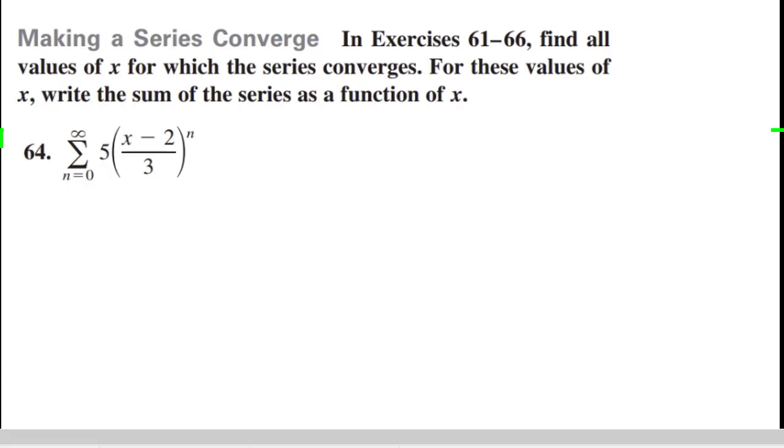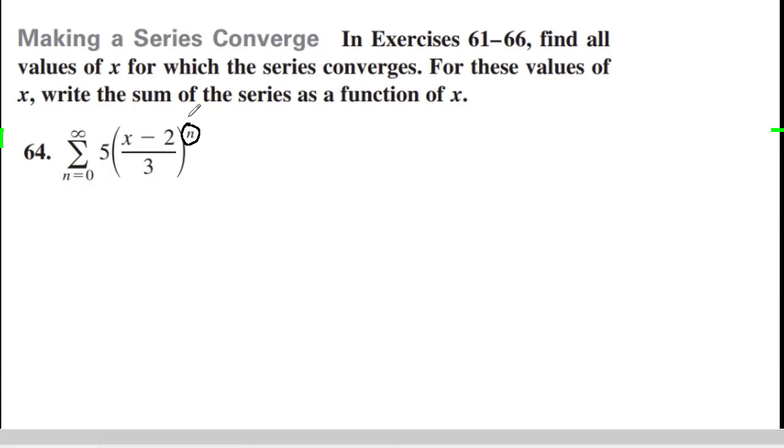Okay, so next we have in exercises 61 through 66, find all values of x for which the series converges. For these values of x, write the sum of the series as a function of x. So what we can see here is that our variable's in the exponent right there. And so then our base is x minus 2 over 3. And so then what this looks like is a geometric series. But the base is x minus 2 over 3.